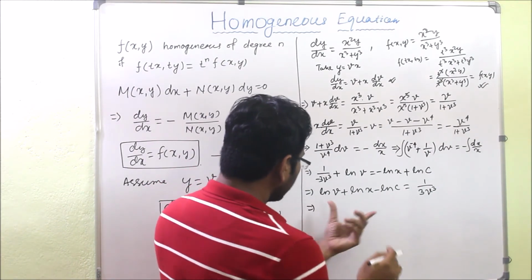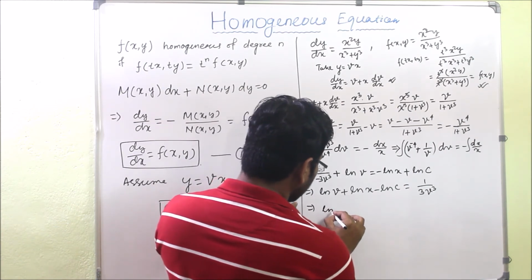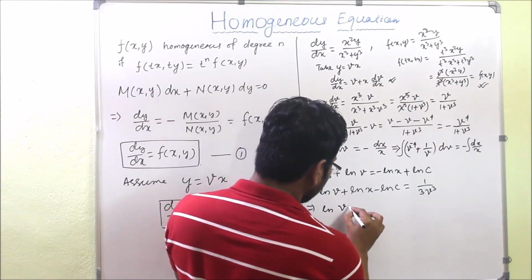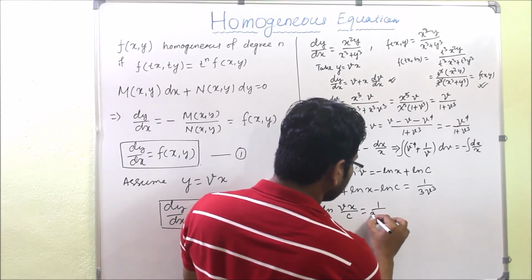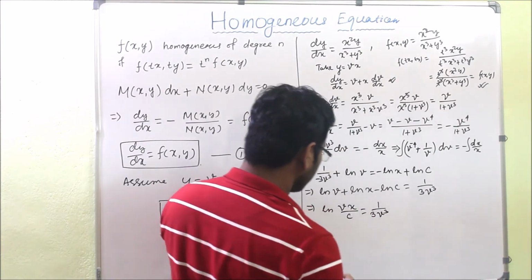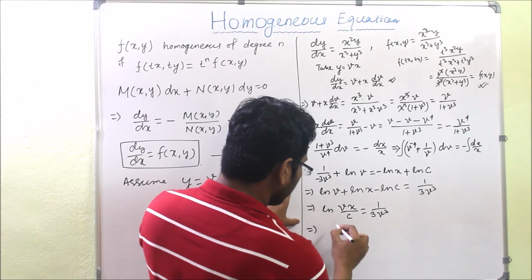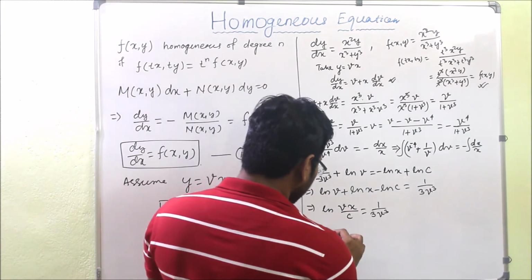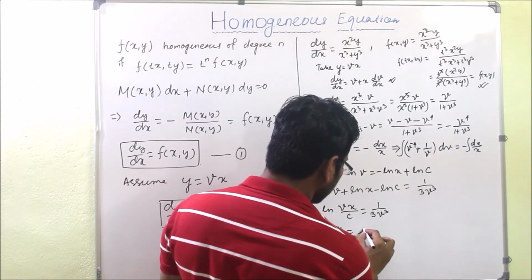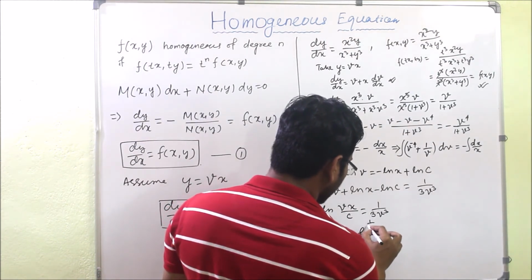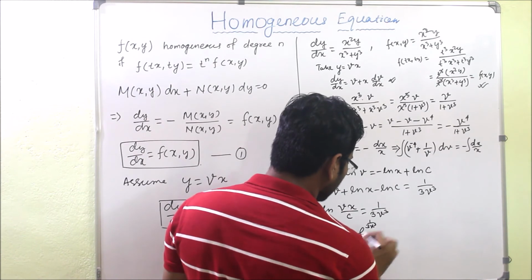Now the left side will be ln of vx by c equal to 1 by 3 v to the power 3. If we take the exponential on both sides, it will be vx by c equal to e to the power 1 by 3 v cube.